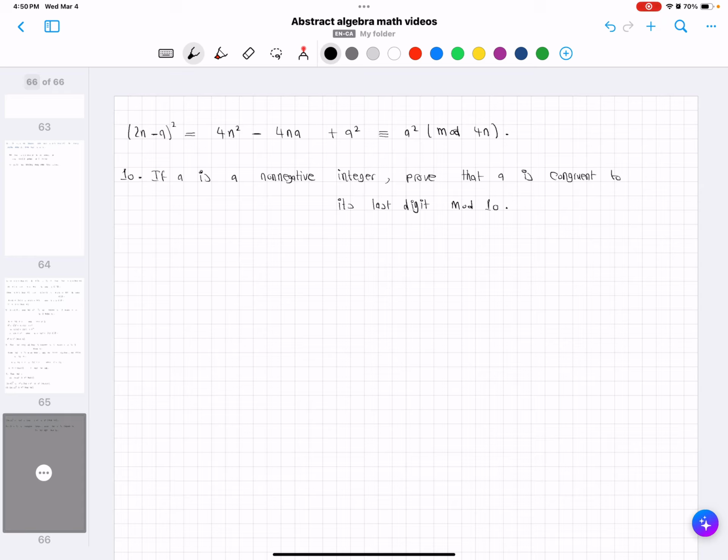Yeah, so let's solve this problem. So assume that a is a non-negative integer.